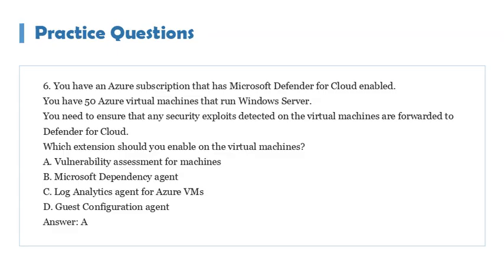Which extension should you enable on the virtual machines? A. Vulnerability Assessment for Machines. B. Microsoft Dependency Agent. C. Log Analytics Agent for Azure VMs. D. Guest Configuration Agent. Answer: A.